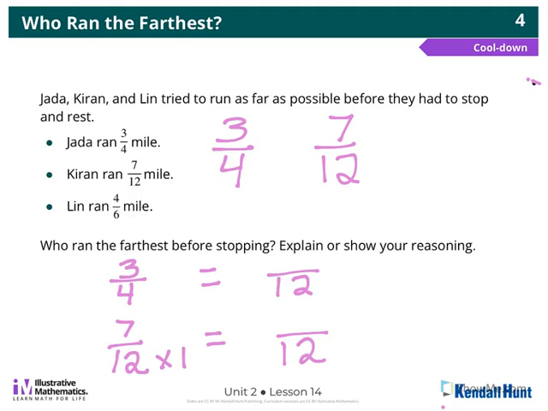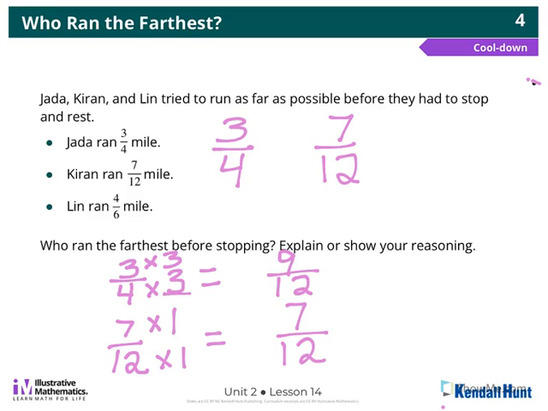What I do to the bottom, I do to the top. 7 times 1 is 7. Now I'm going to think 4 times what number gives me 12? Well, 4 times 3. What I do to the bottom, I'm going to do to the top. 3 times 3 is 9.